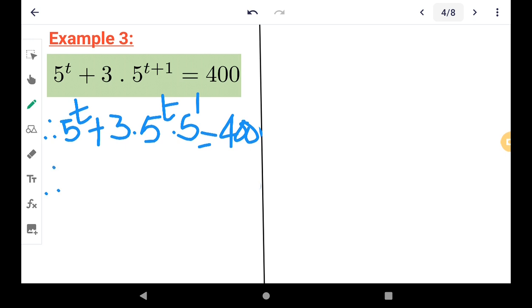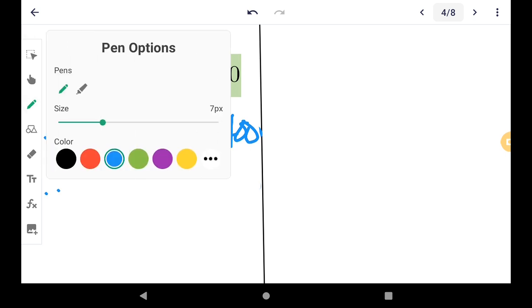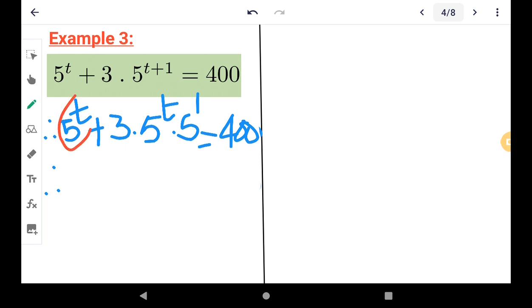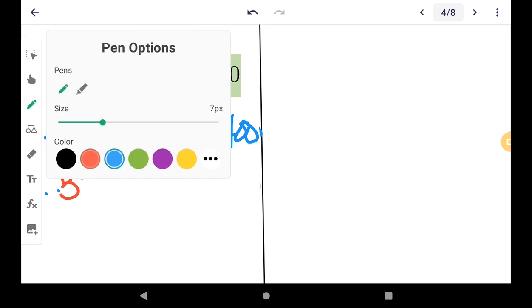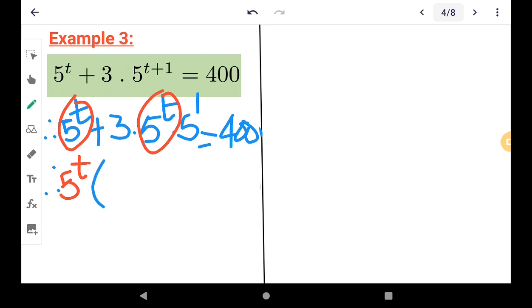Therefore, now you have a common factor, 5 to the power of t. So you take that out, 5 to the power of t, and you're left with, in bracket, 1 plus 3 times 5 to the power of 1.